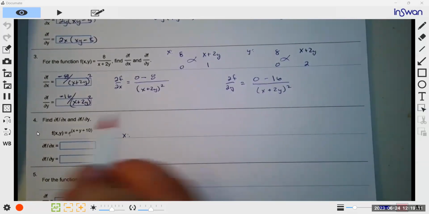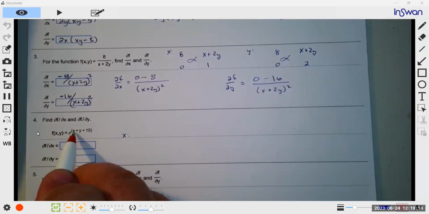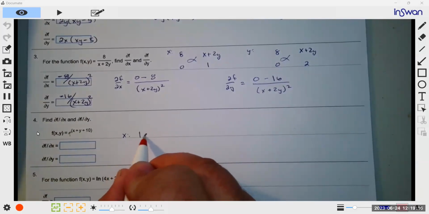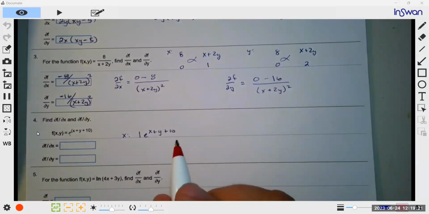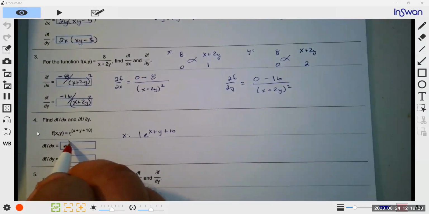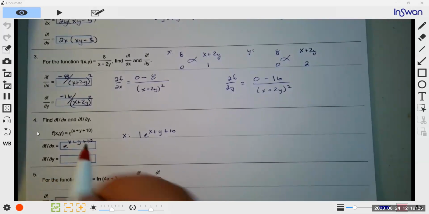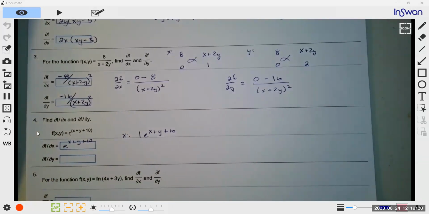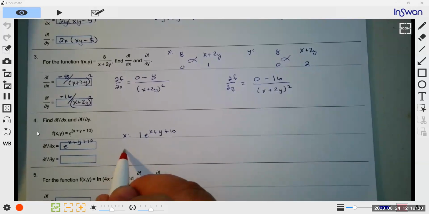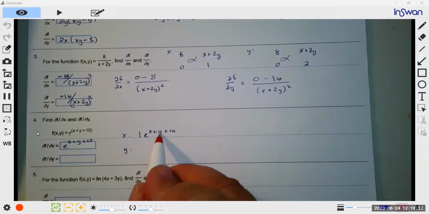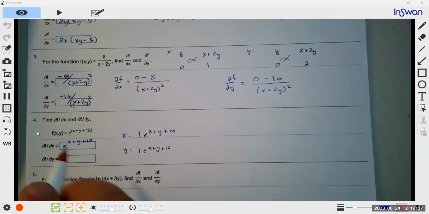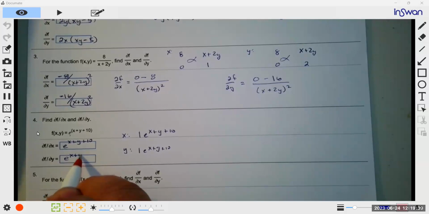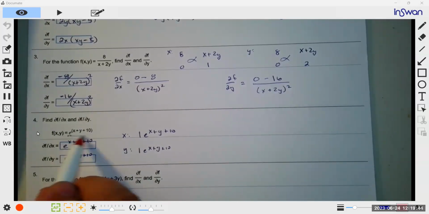With respect to x, the derivative of the exponent is 1 times e to the x plus y plus 10. Now with respect to y, the derivative of y is 1 times e to the x plus y plus 10. So it's the same thing pretty much.